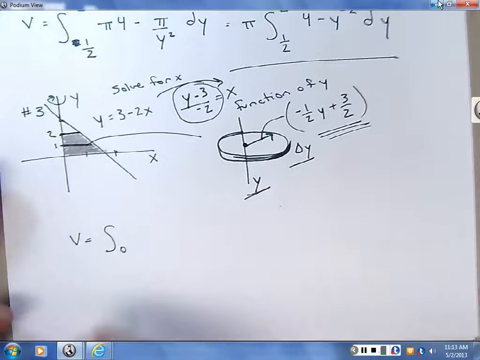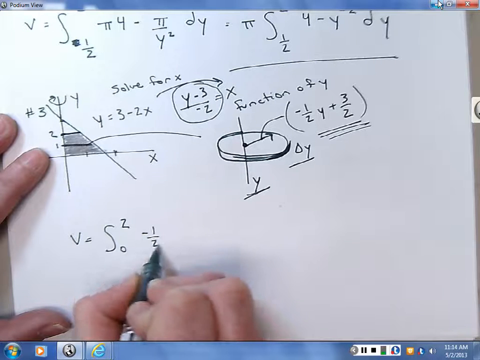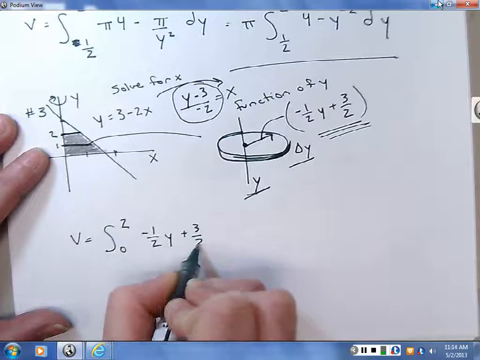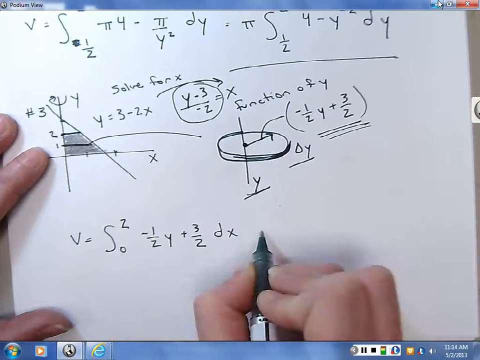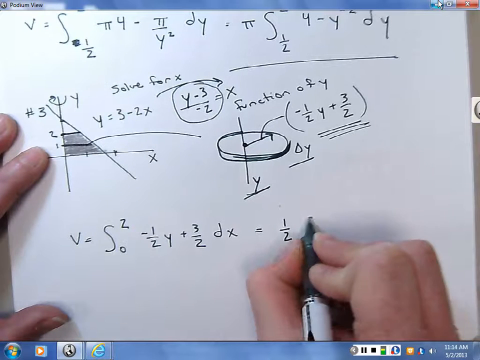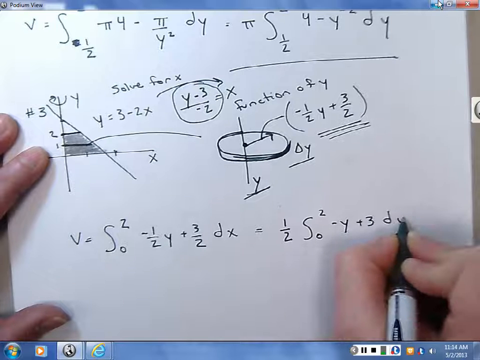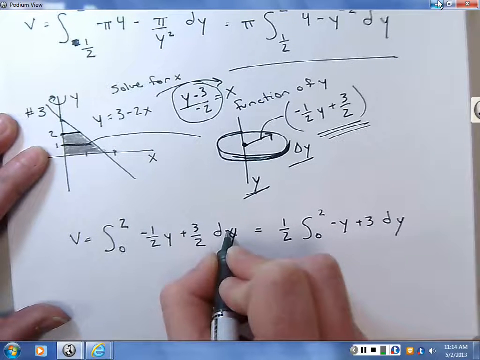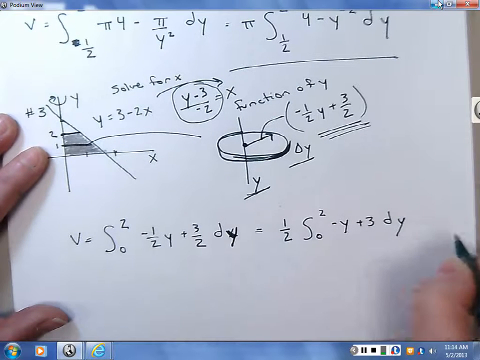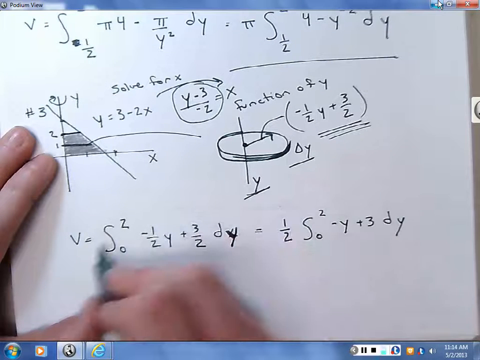So let me just set this up real quick. I'm going from 0 to 2 of minus 1/2 y plus 3/2 dy. I could also pull out the 1/2 and integrate from 0 to 2 of minus y plus 3 dy. Sorry, that doesn't quite work. Is that first function squared? You're right. Thank you. I forgot what I was doing for a minute.